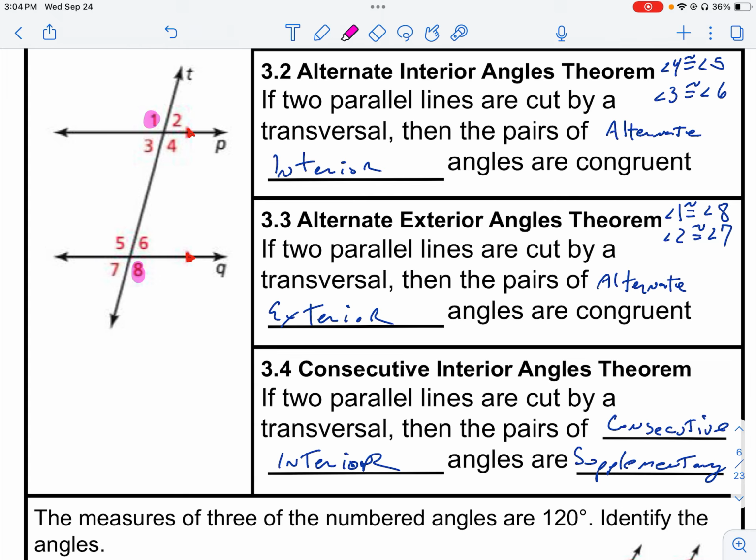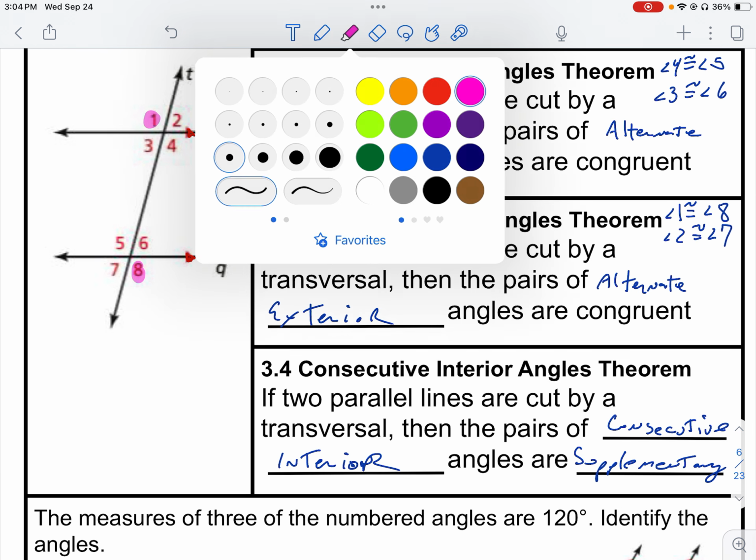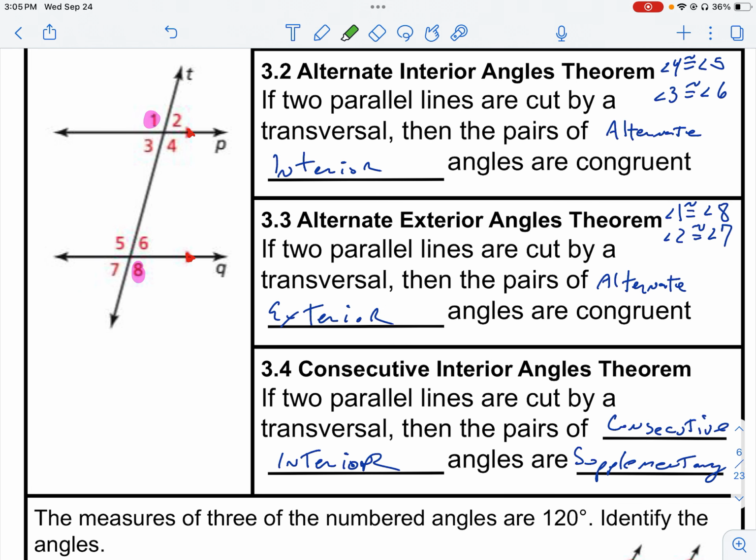If 1 and 8 are congruent because they're alternate exterior angles, and 3 and 6 are congruent because they're alternate interior angles, well, 8 and 6 and 3 and 1 are a linear pair.